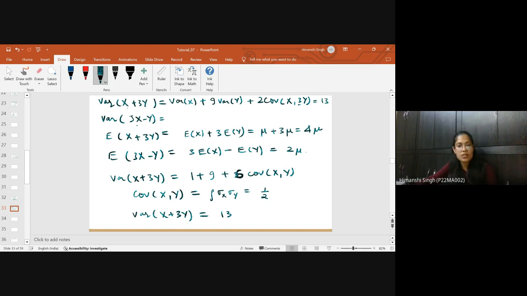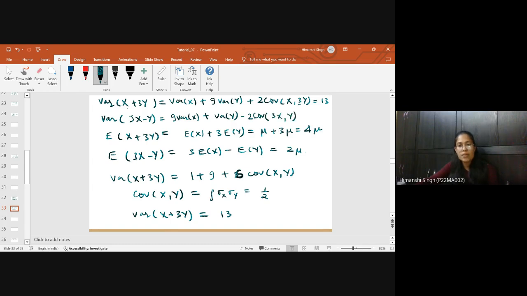Now similarly just find out what will be the variance of 3x minus y. That will be 9 times variance of x plus variance of y, and due to the minus sign, minus twice the covariance between 3x comma y.